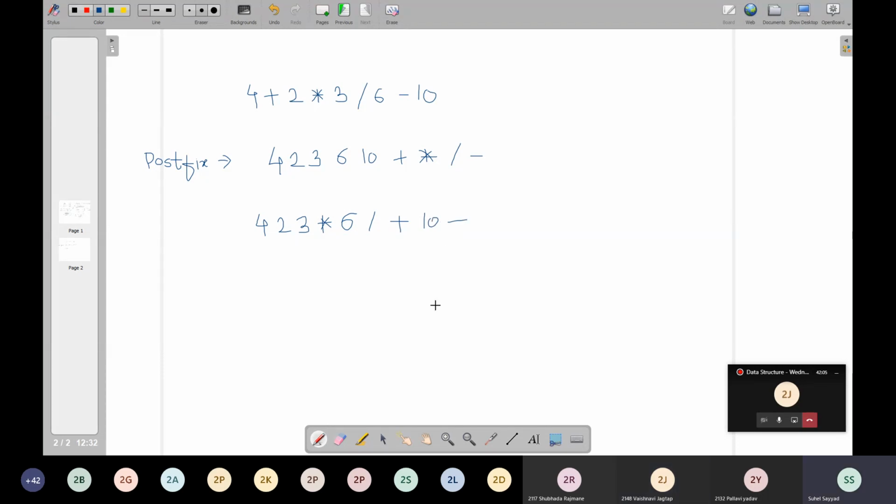Others, is it correct? Yes, sir. Anyone is having any problem with this answer? So if this is the answer, if we solve it using stack, how it will process? This is totally wrong. You are advised to watch all my videos once again of infix, prefix, postfix.